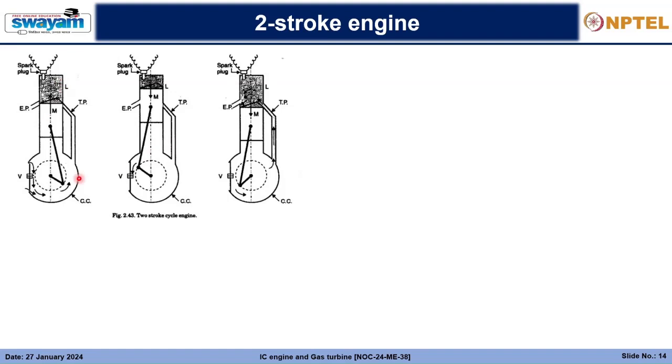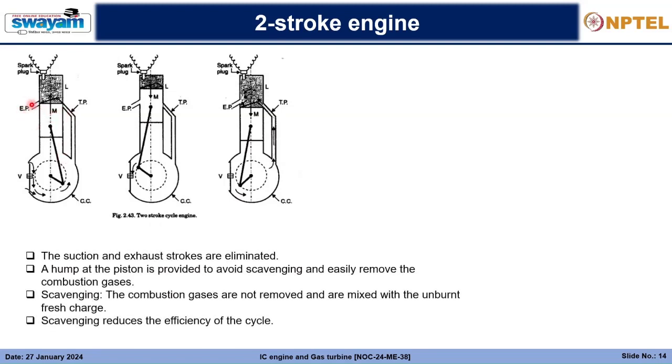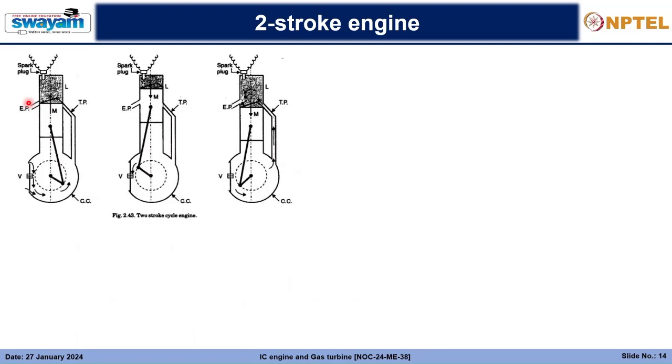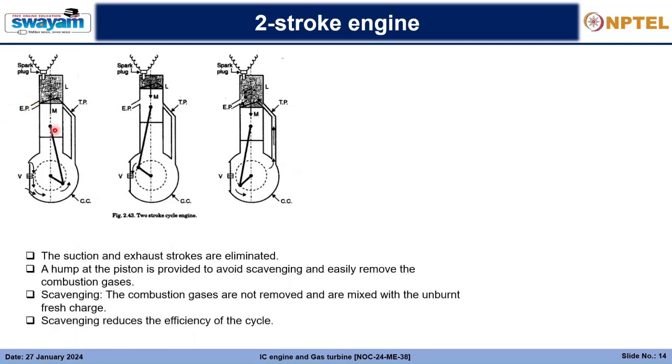Now let us talk about the exhaust port. By now we know how the air fuel mixture is coming inside, how the air fuel mixture is going to this part through the transfer port, but we haven't yet learned how the exhaust port is working. The exhaust port is responsible for taking away the exhaust gases from this region where the combustion has already happened.